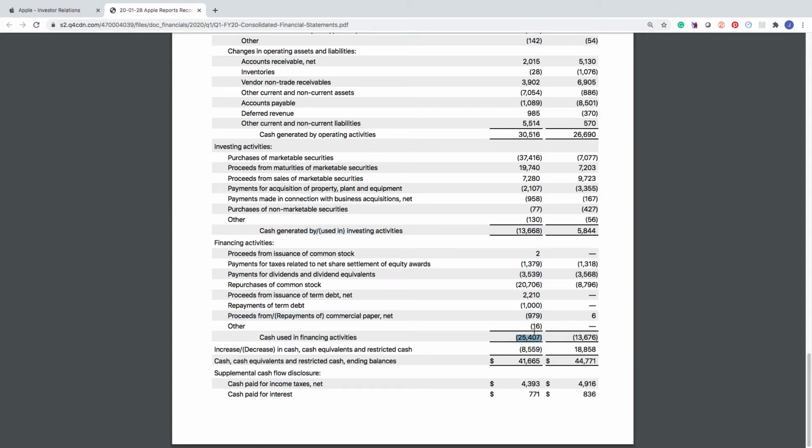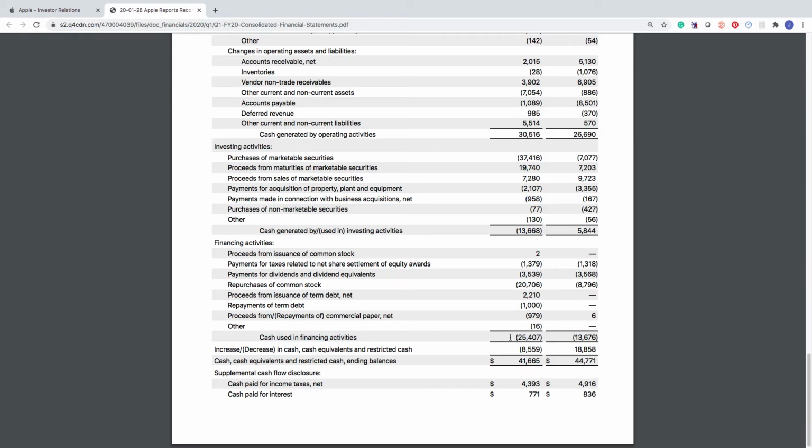Now, why is that? Why is a company like Apple spending 13 billion on its investing activities, which is understandable because it's spending this money to invest in the capital markets, to spend on acquisitions and buying out new businesses. This makes sense. But what is going on here?